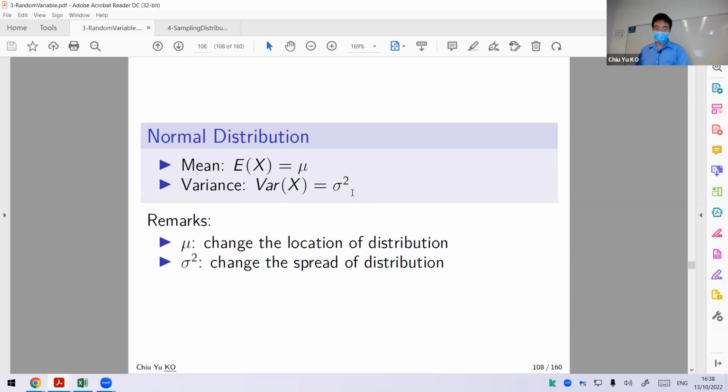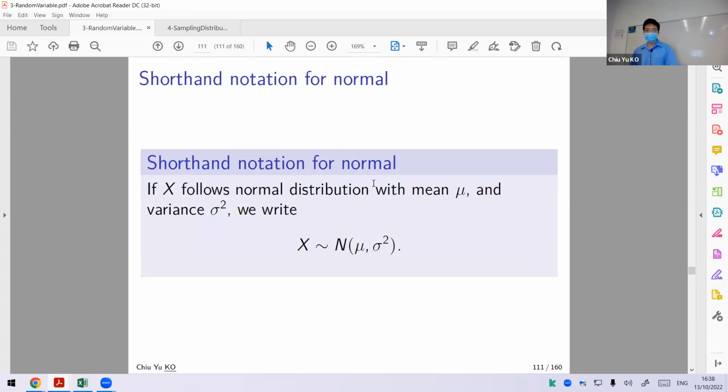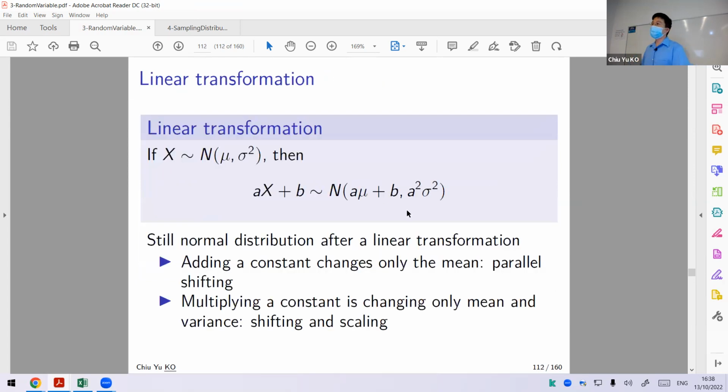Because of this, there are many interesting properties of a normal. The first is transformation: if you multiply by a constant and add a constant, a bell curve still remains a bell curve. It's a very interesting property.